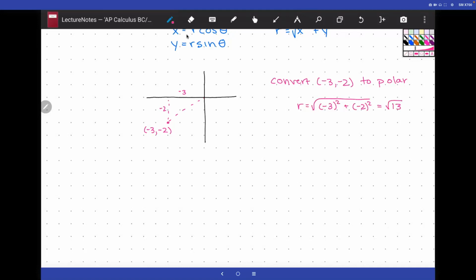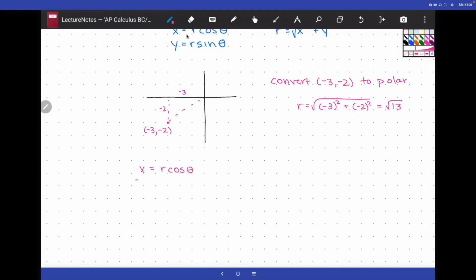So what about theta? How are we going to find theta? Greg? Well, we have an equation with x, r, and cosine theta, and we know x and r, so we can solve for theta with that equation. Yeah, we totally could. We have this equation already.